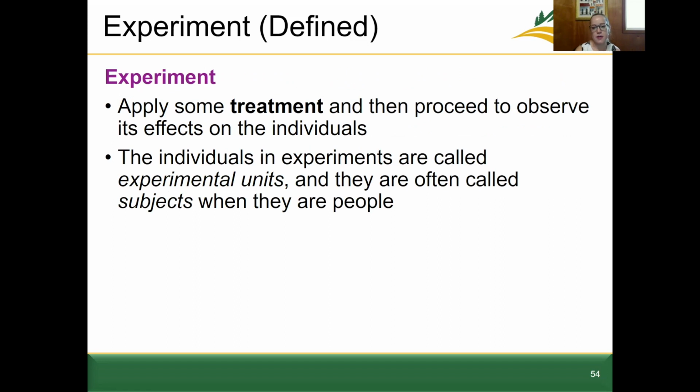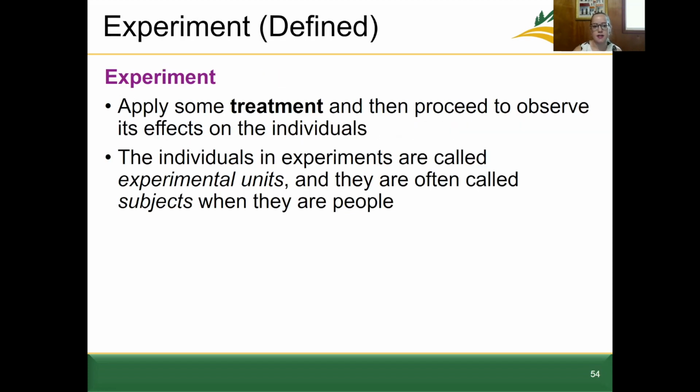Okay, so an experiment, you've probably heard about this as a scientific experiment. We would apply some treatment and then proceed to observe its effects on the individual. So we're applying a treatment and then we see what happens. The individuals in experiments are called experimental units, and they're often called subjects when they're people, so the subject of a study. So this is one way we obtain data.